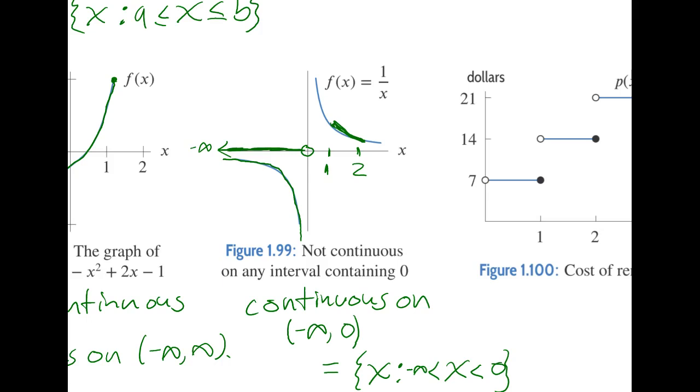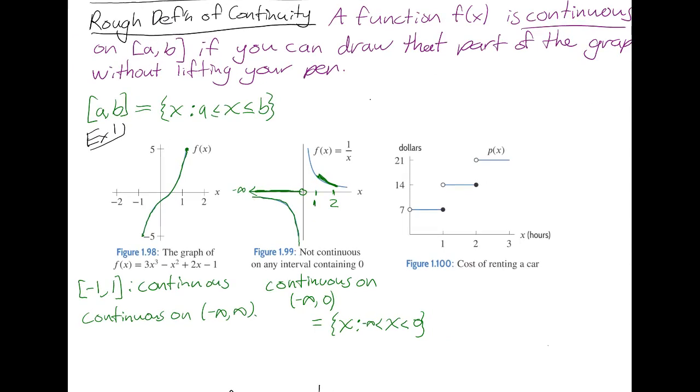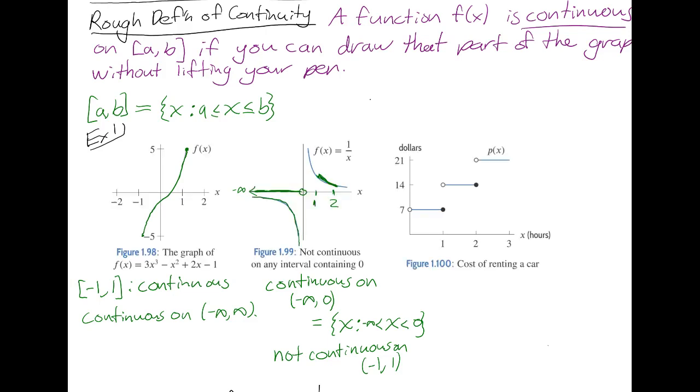Okay, but it's this one here, 1 over x is not continuous on an interval containing 0. Like, let's say -1 to 1, because if you were going to draw that part of the graph, you have to lift your pen. Whoops, I guess I didn't learn my lesson about erasing that picture by accident.